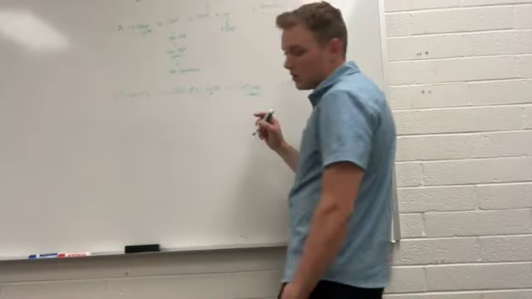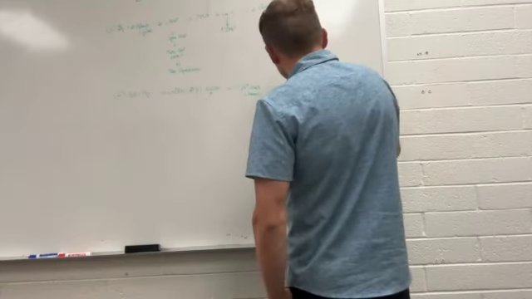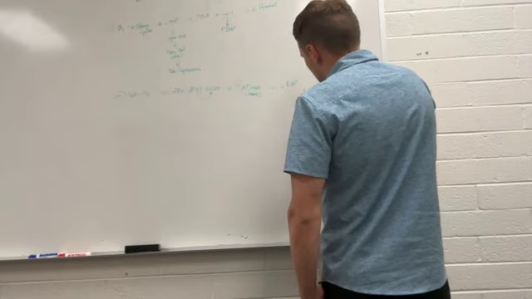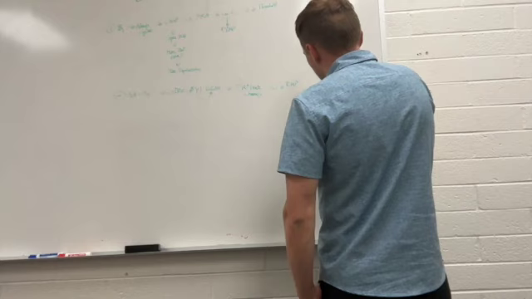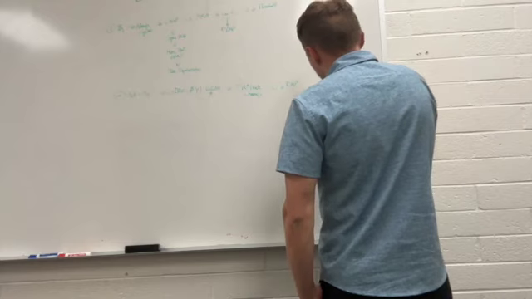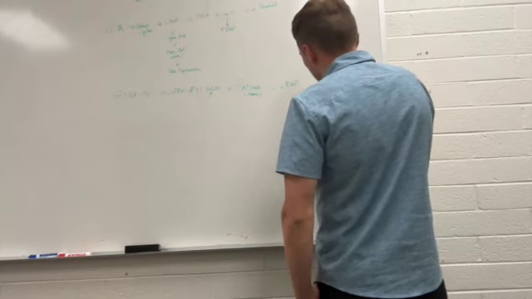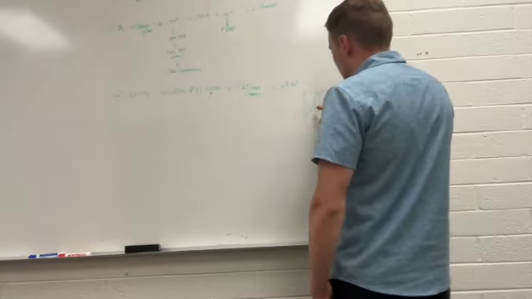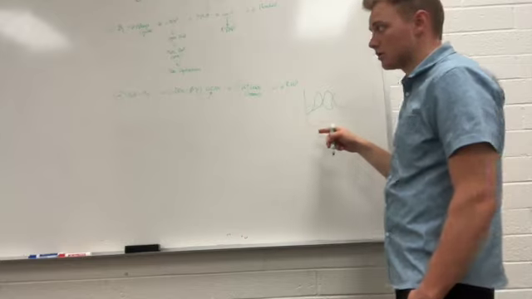So if we were talking about our chart for our autorhythmic cells, if our normal looks like this, this is threshold, our new one is going to look something more like this. It just takes longer to get there as we decrease our resting membrane potential.